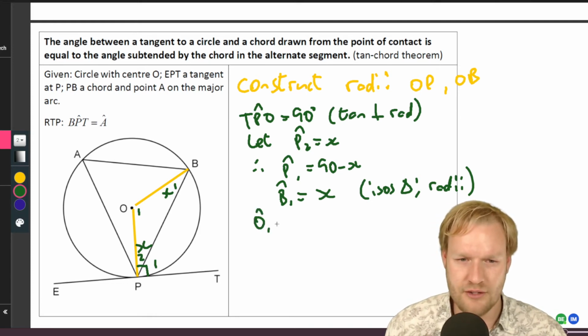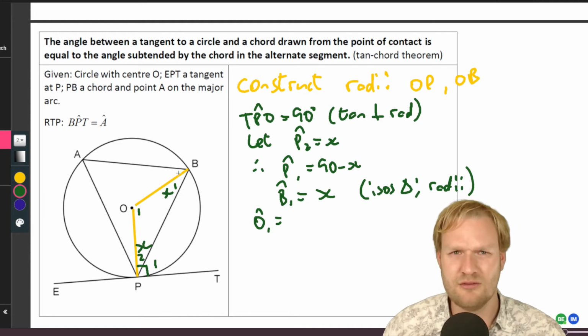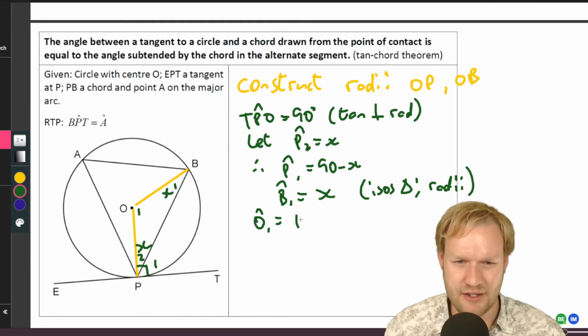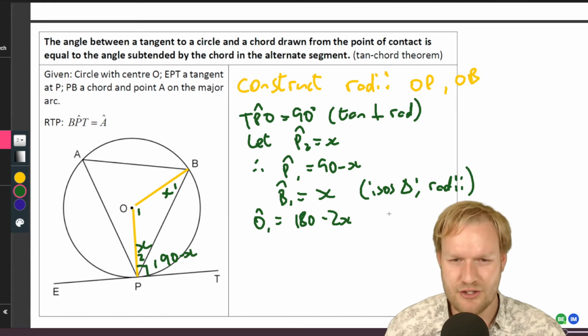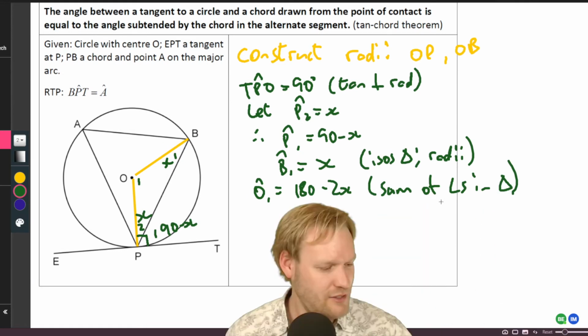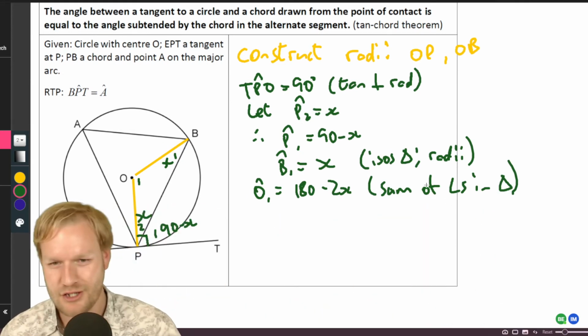So O1 equals, well, angles of a triangle add up to 180. So that would be 180 minus those 2 x's over there. And I should maybe have put 90 minus x over here. So that's 180 minus 2x. Why? Because of sum, that's the word sum, believe me, sum of angles in triangle, behind my head. And I'm just out the way, right?